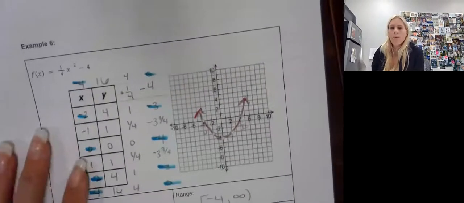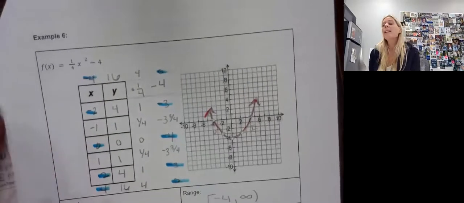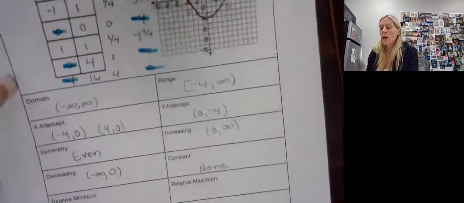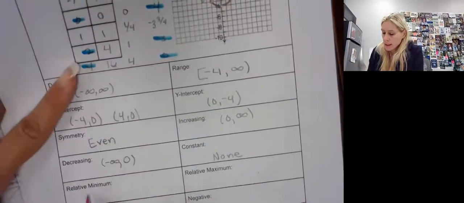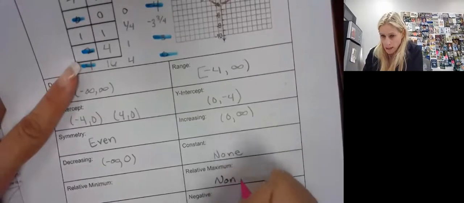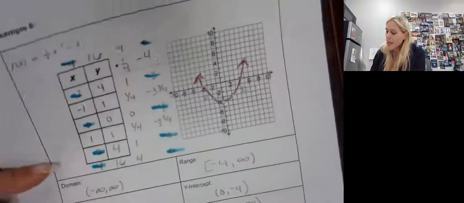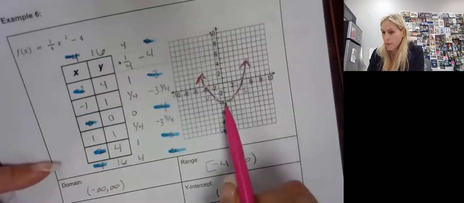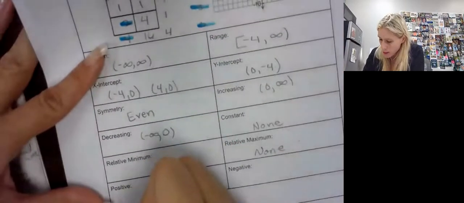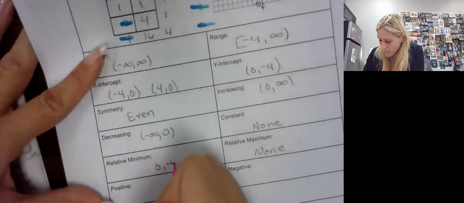And here, if we go back to our graph, we have a decrease to increase. So decrease to increase is a min, so I'm going to say none for a max. And let's look at our coordinate pair for a relative min. This coordinate pair is at 0, -4.